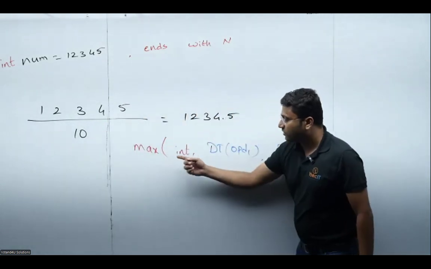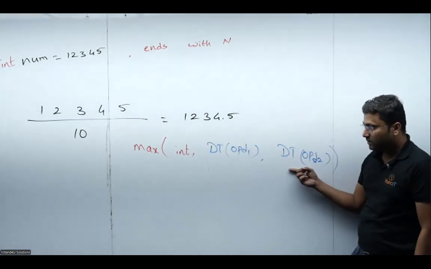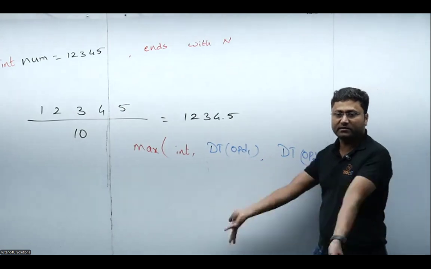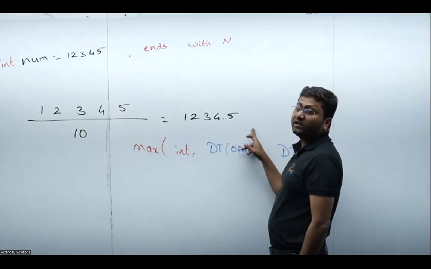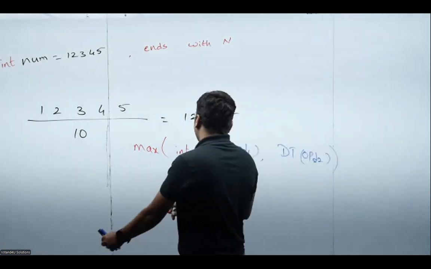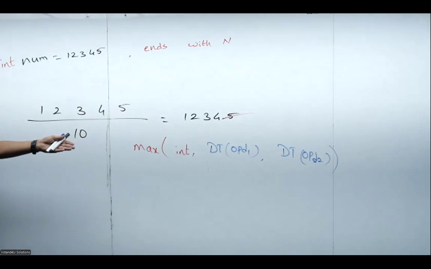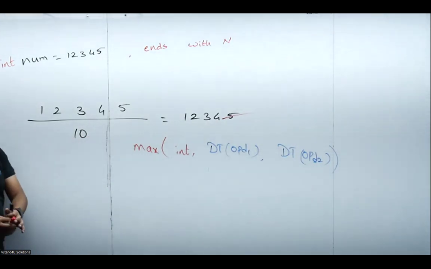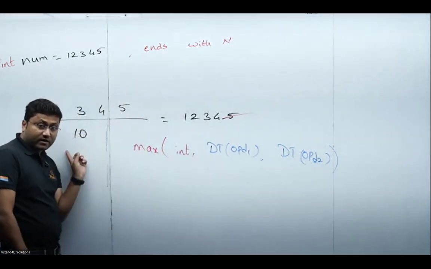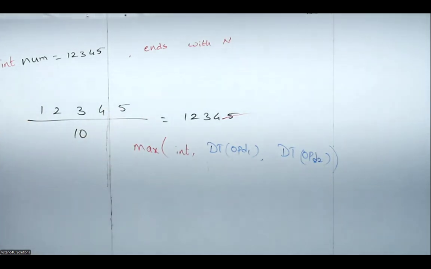Then I'm saying max of int, comma, int is int. Now, whatever is coming must be an integer number. And in an integer number, the decimal part will not be there. Agree? When I do division, did I lose the last digit? Are you getting my point?